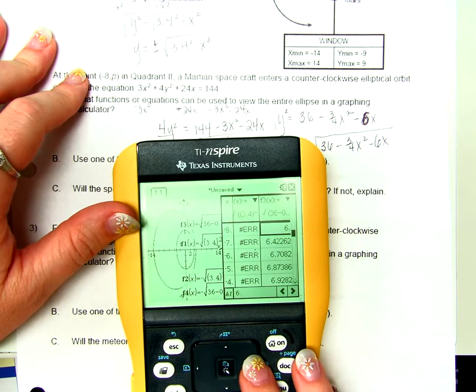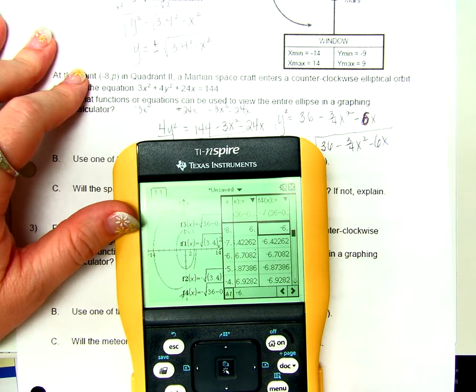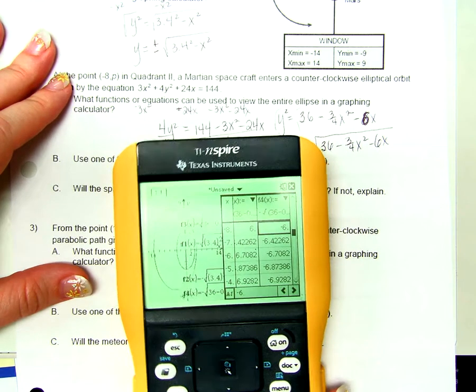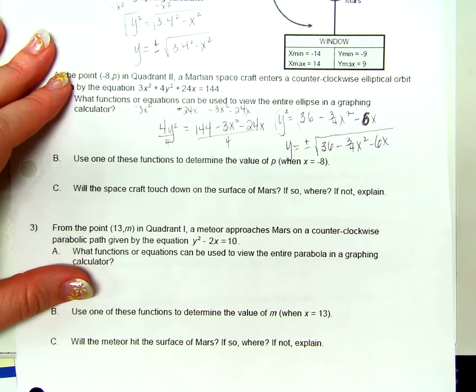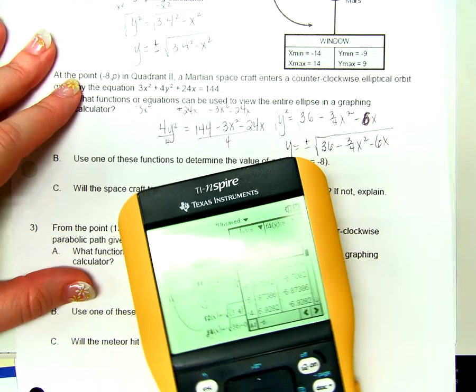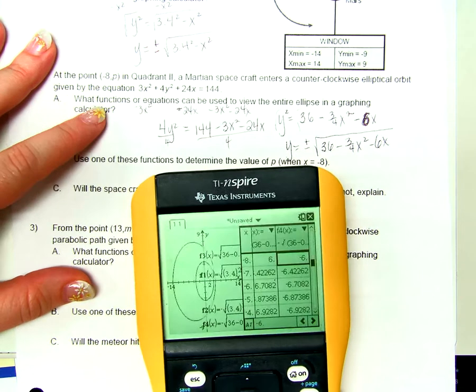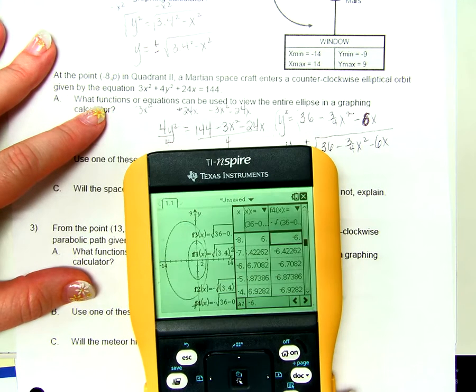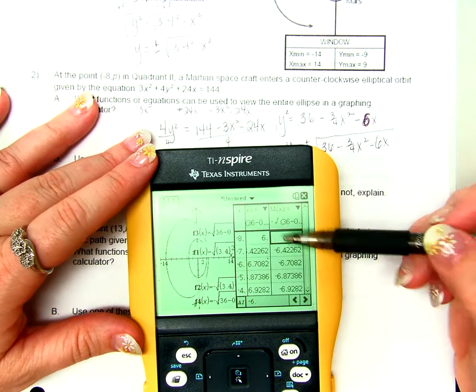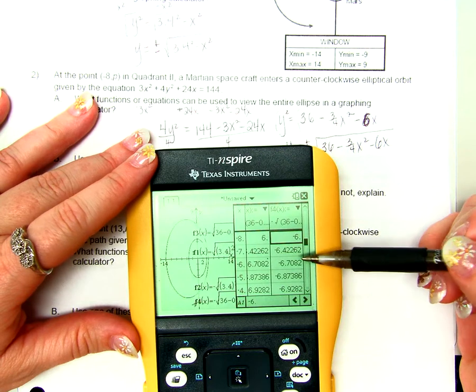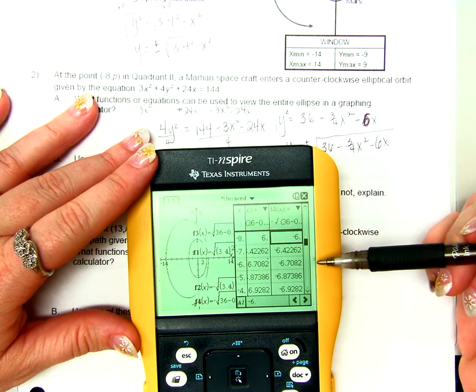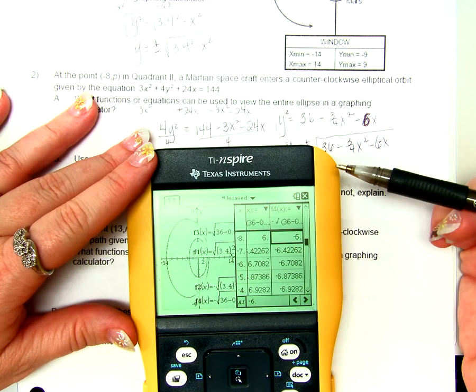So one says 6 and one says negative 6, right? Six and what? Mine says 6 and negative 6. You got the same thing? Anybody else get the same thing as me? Or the same thing as she did? We need to make sure we know which one's right.